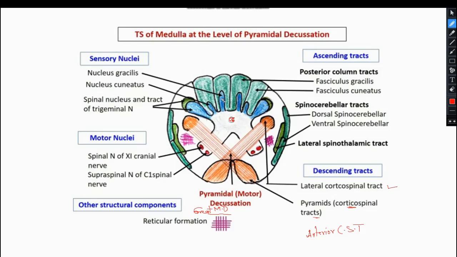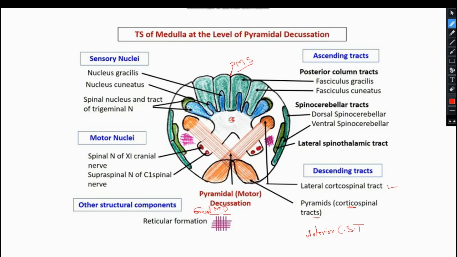This projection is of the nucleus gracilis, which is just lateral to the sulcus known as the posterior median sulcus, PMS in short. Lateral to the gracilis is the cuneatus, and more bulky compared to these two is the spinal nucleus of the trigeminal.